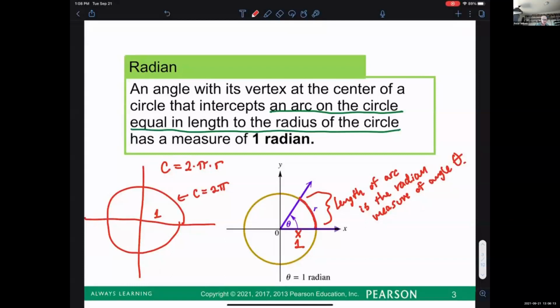Now remember, pi is just a number. 3.14159 something. So if I double that, I would get like 6.283, something like that.